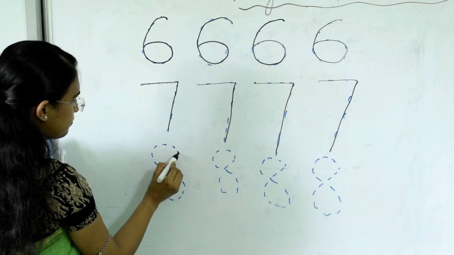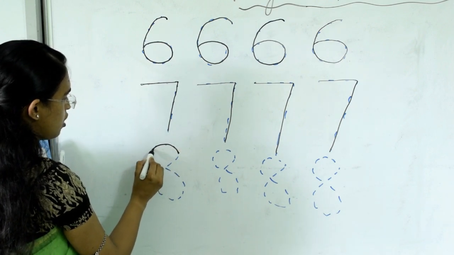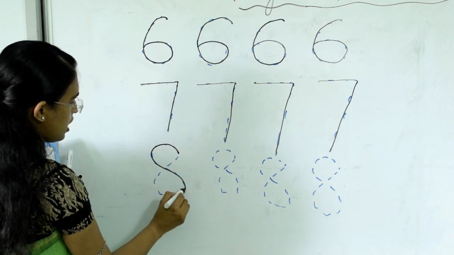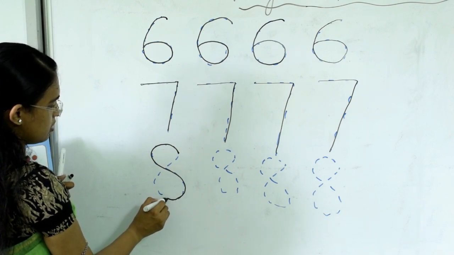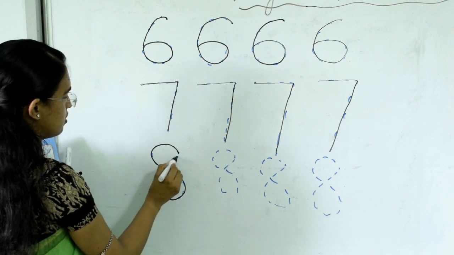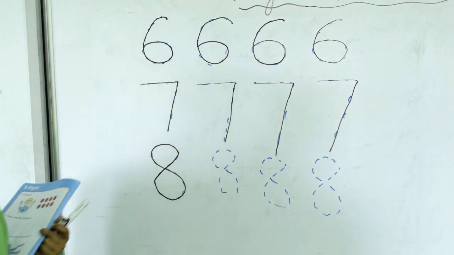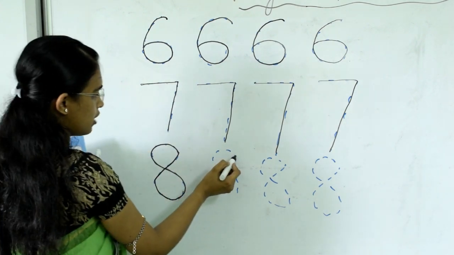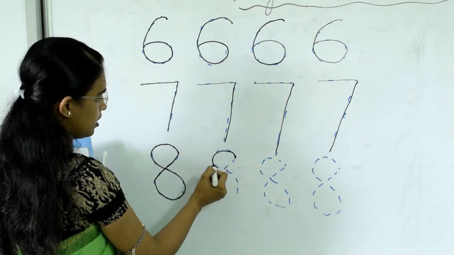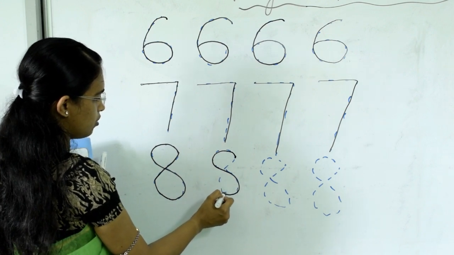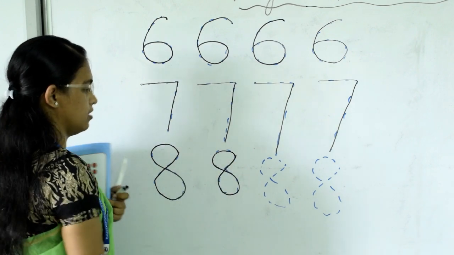From here you have to draw like this, then join this line. This is number 8. You have to start from here, then round and join.